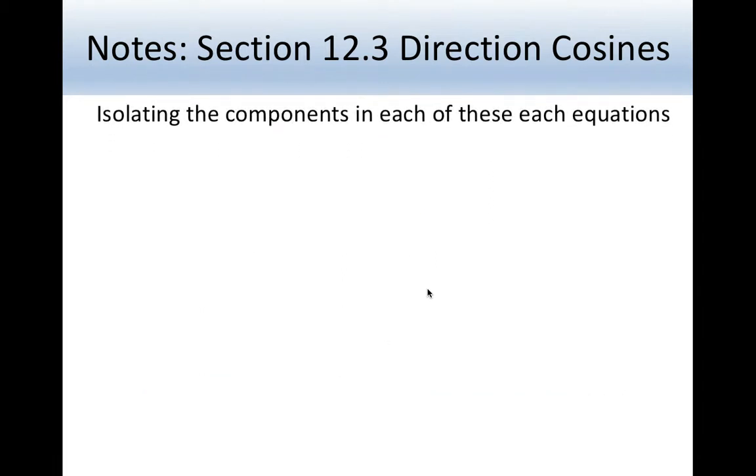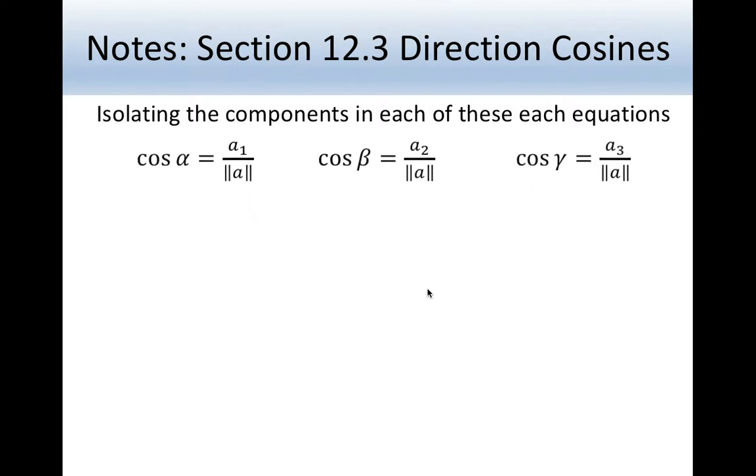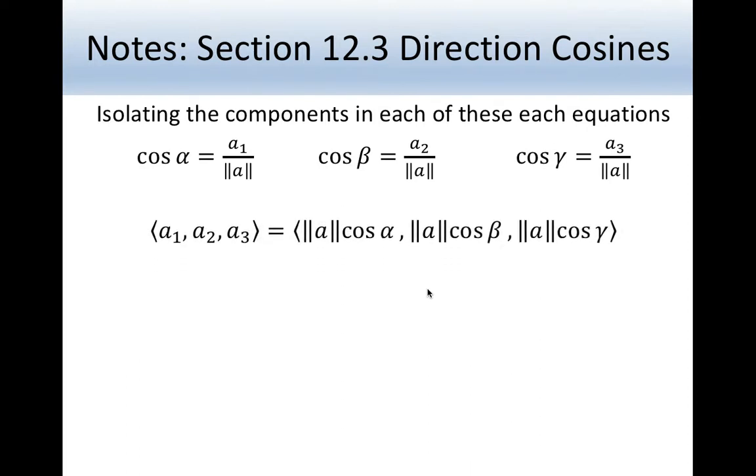Now, just because I can show off, look what happens when I isolate the components in each one of these equations. So there's my three direction cosines again. Look what happens if I isolate A1, isolate A2, isolate A3. Then I have A, that is the vector A. Now look at my vector on my right side.